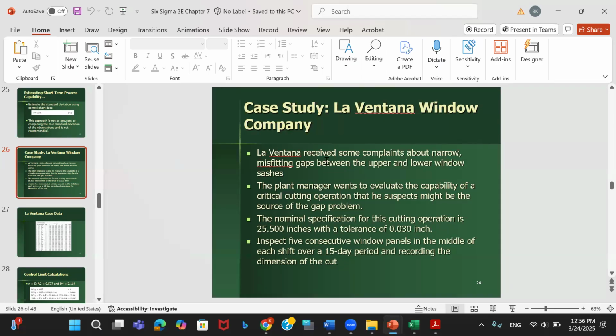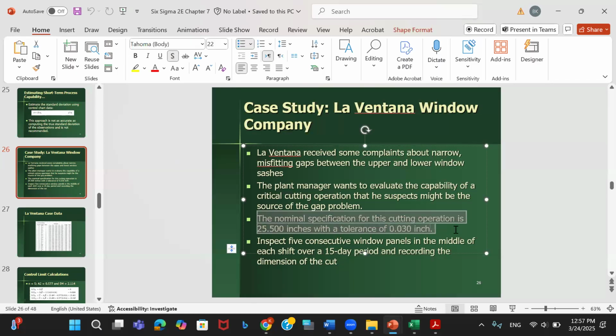It says here they received some complaints about narrow misfitting gaps between the upper and lower window, and the plant manager wants to evaluate the capability of the critical cutting. It's the problem with the cutting. The nominal specification for the cutting operation is 25.5 with a tolerance of 0.03.